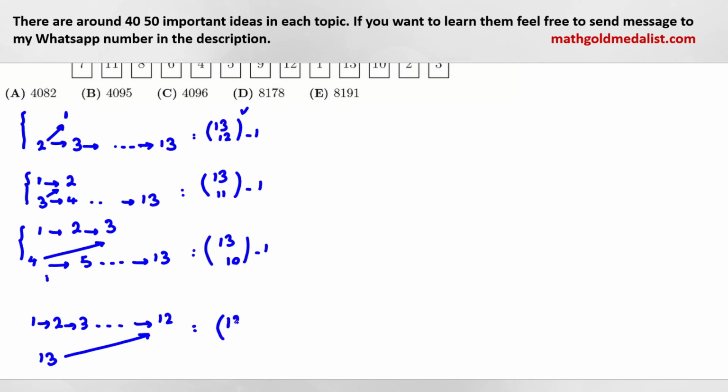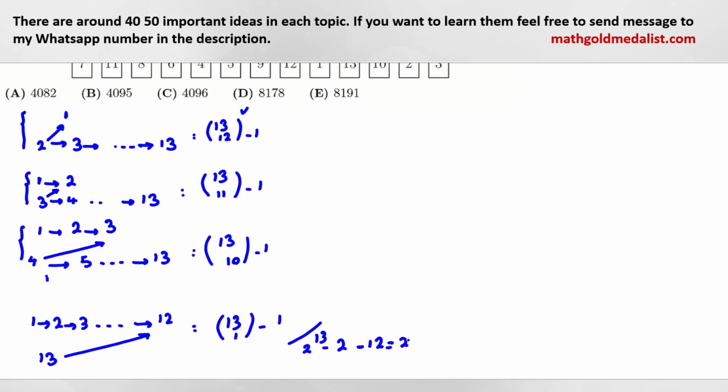So it will be 13 choose 1 minus 1. Then the sum of these elements will be what? 2 to the 13 minus 2 minus 12. Exactly. 2 because we don't have 13 choose 13 and 13 choose 0.